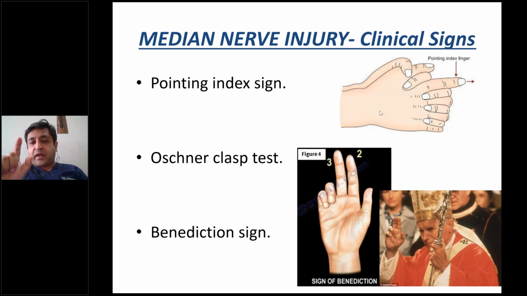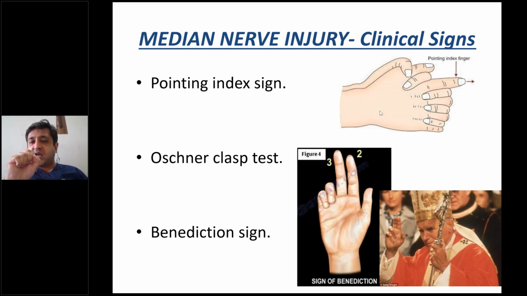Now, there are some variants of this test. One commonly used variant is used in children. Children have a great capability of making trick movements. When you ask a child to do a test like this, he knows that you are looking for pointing index. So instead of showing you this, he will use the middle finger to flex the index finger, a trick maneuver.